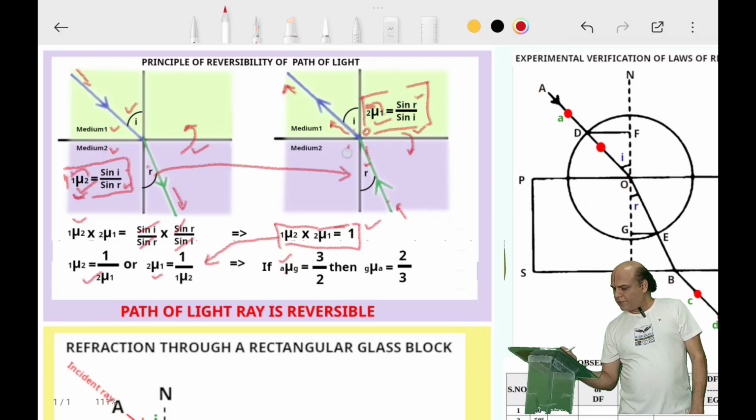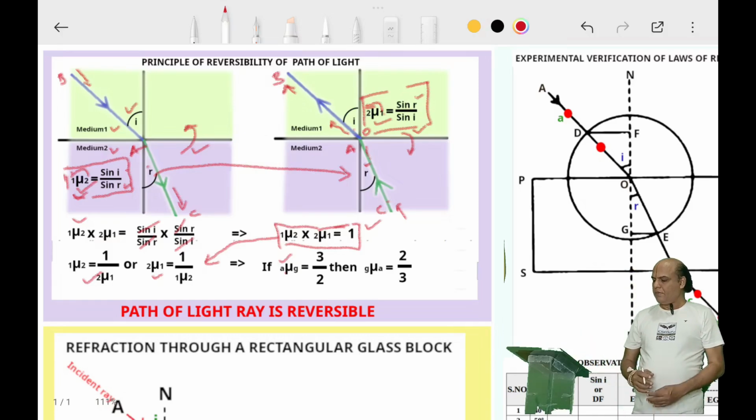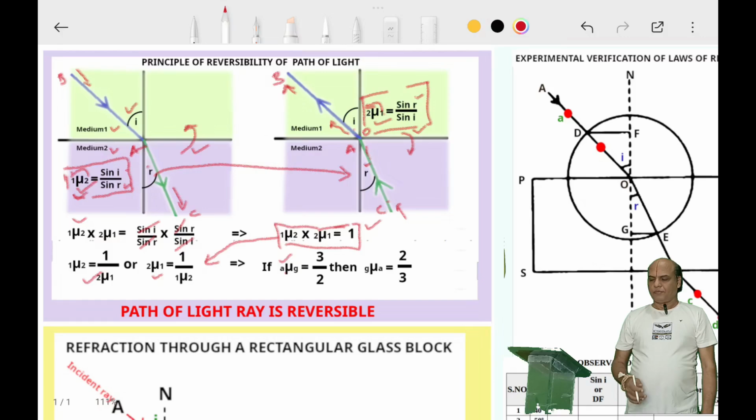Suppose we label the points A, B, C. If the incident ray is BA and the refracted ray is AC, and you make the incident ray along the direction CA, then the refracted path must be along the direction AB. This is called the principle of reversibility of path.